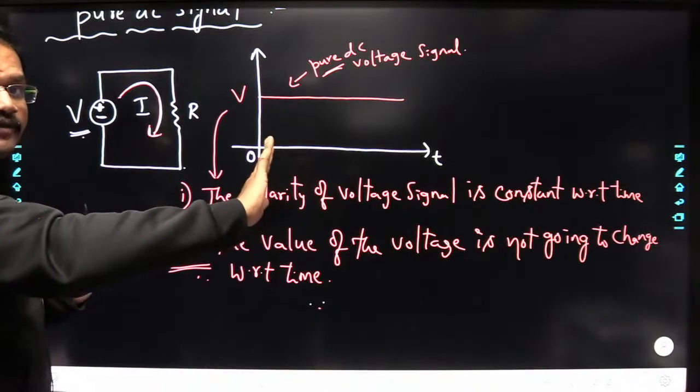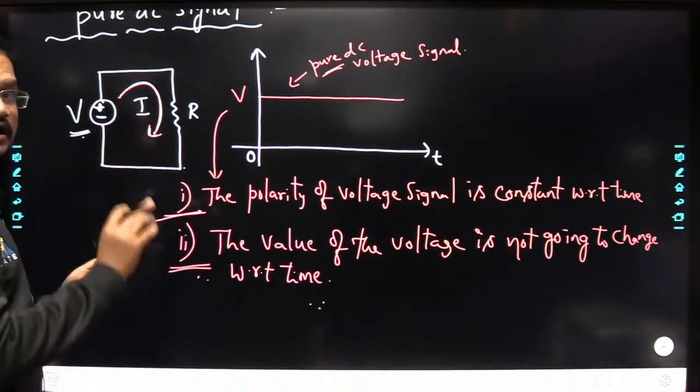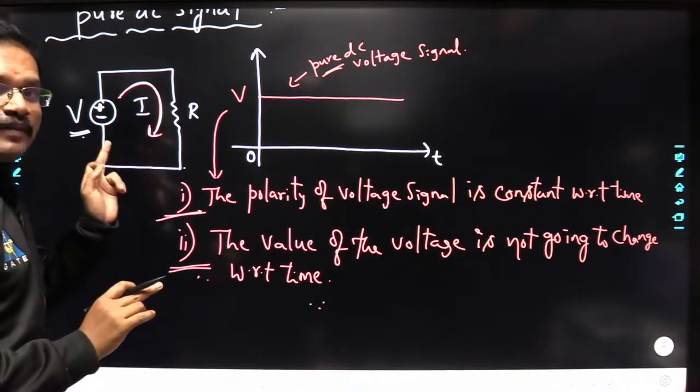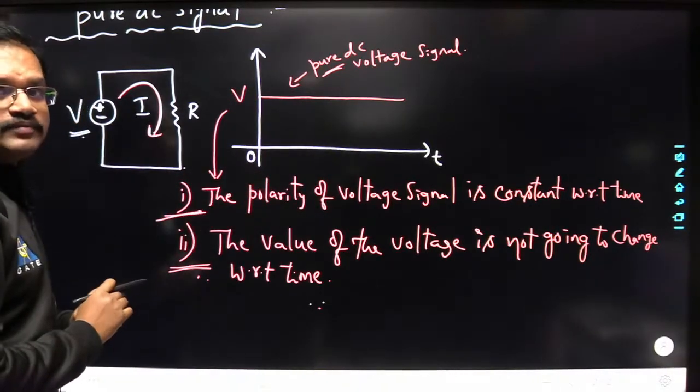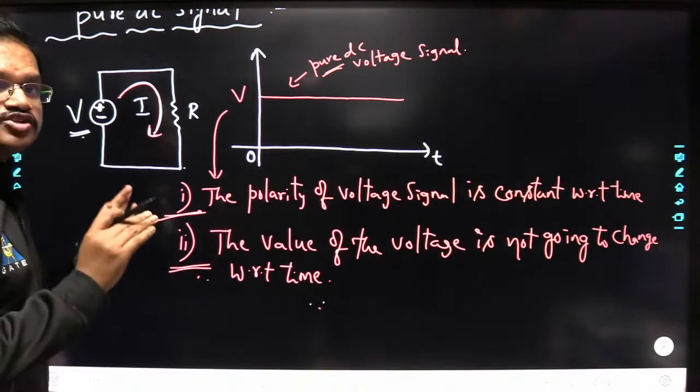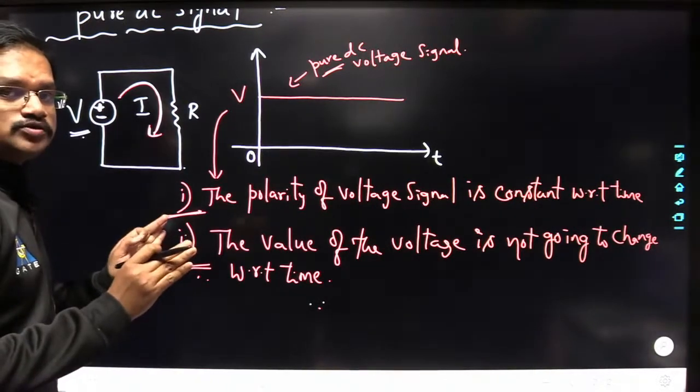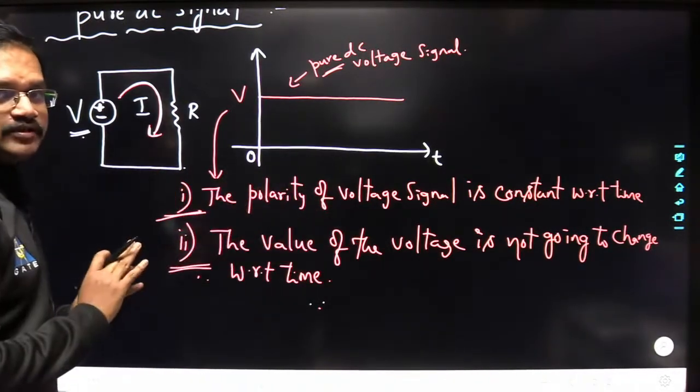That means the direction of current will remain the same for all time t. The direction of current is not going to change for all the time t.